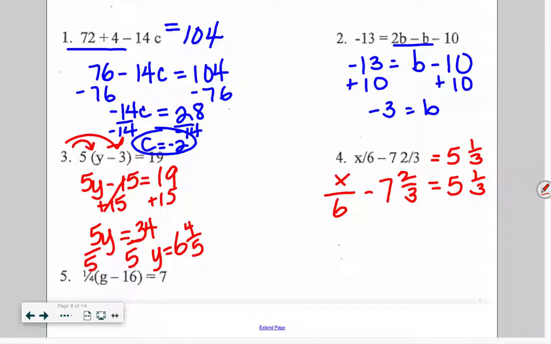So what is that common denominator going to be for 6 and 3? 6. So I can leave the denominator of 6 alone. I just need to change the others. What are you doing to 3 to get 6? Times 2, so 2 times 2 would become 4/6, and 1/3 is going to become 2/6.